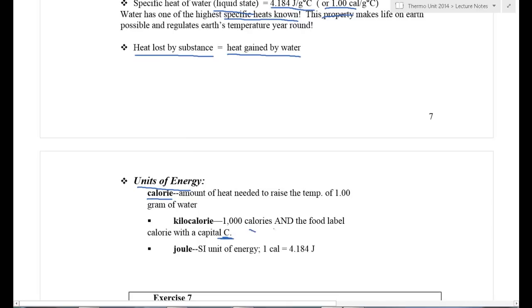Again, we're the only ones that still use the calorie. If you were to look at a Diet Coke label in, let's say, England, it would say low joule beverage as opposed to a low calorie beverage. So joule is the SI unit. That's pretty much what we're going to use. You'll see a couple problems with calories, and so you need to know 1 calorie is 4.184 joules.